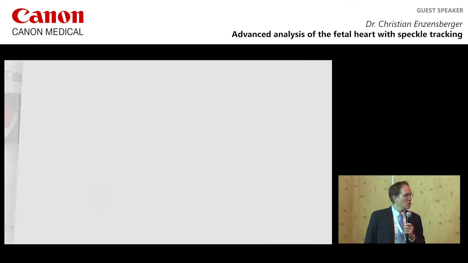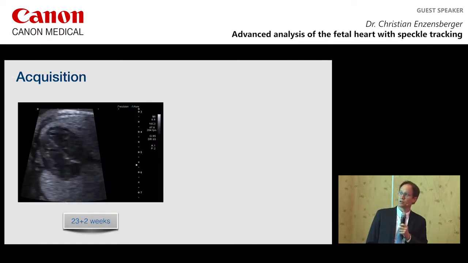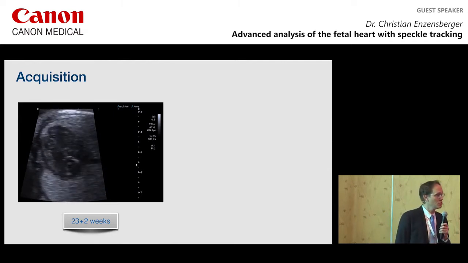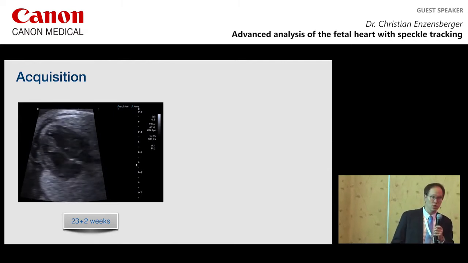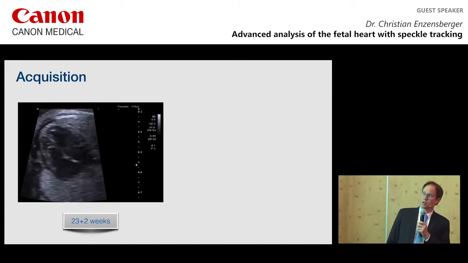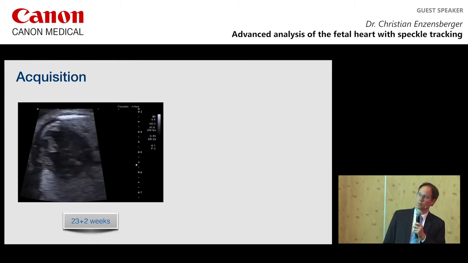So, speckle tracking, how can we get to all these results? I want to show it here. 24 weeks of gestation. The basis of your acquisition is obviously always a four-chamber view. We think that it might be a good idea to get it either from a basal or from an apical four-chamber view.